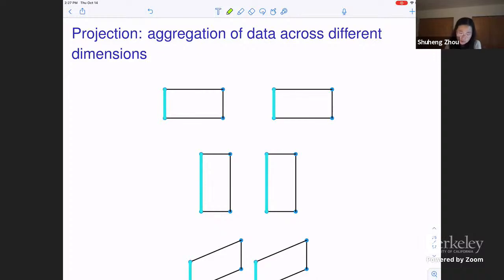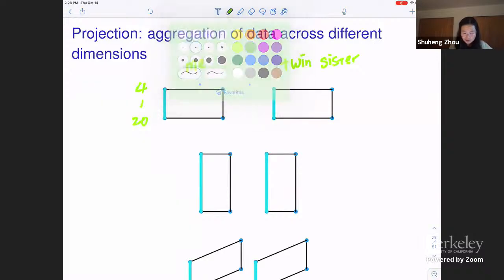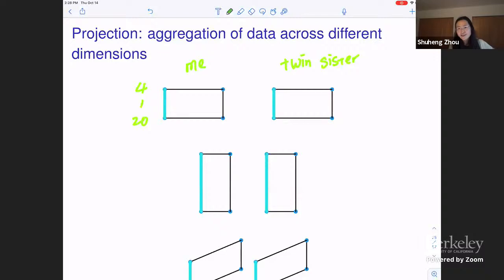And so this is me, this is my twin sister, which does not exist. This is hypothetical. And so I want to study our childhood development across, say, 4 to 20 years. So this is the direction I expose in our data, and I treat all the other data as samples, right?